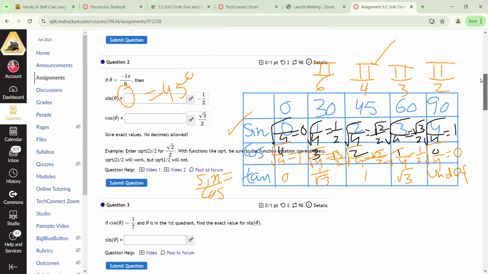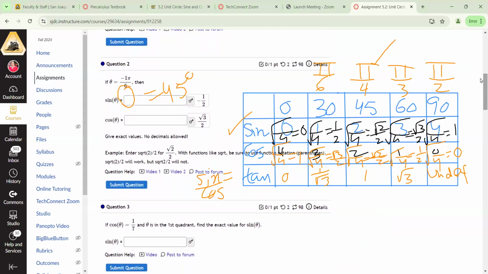It is saying cos theta is equal to 1/7 and theta is in the first quadrant. Find the exact value of sine theta. If that's the scenario and it's in the first quadrant, then the angle has to be somewhere in the first quadrant. We don't know where that is, but we have to figure it out.